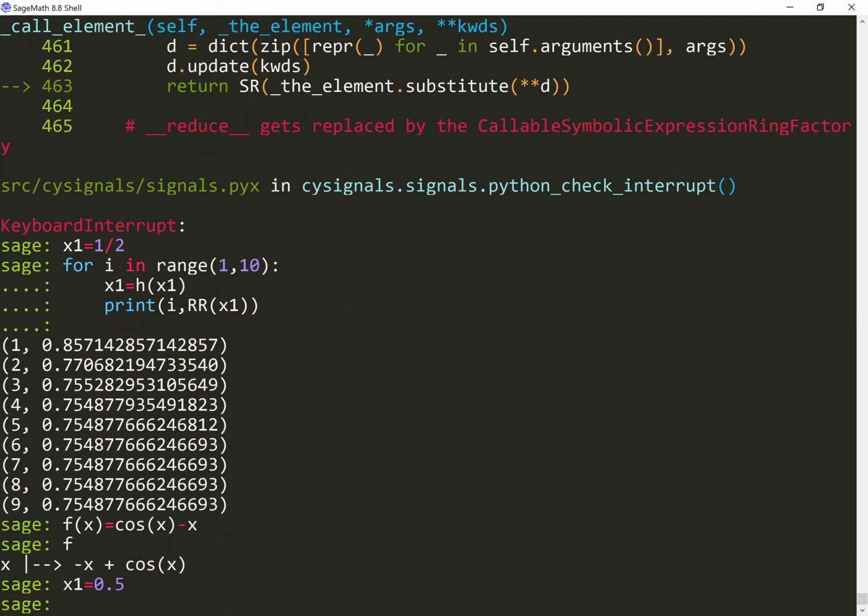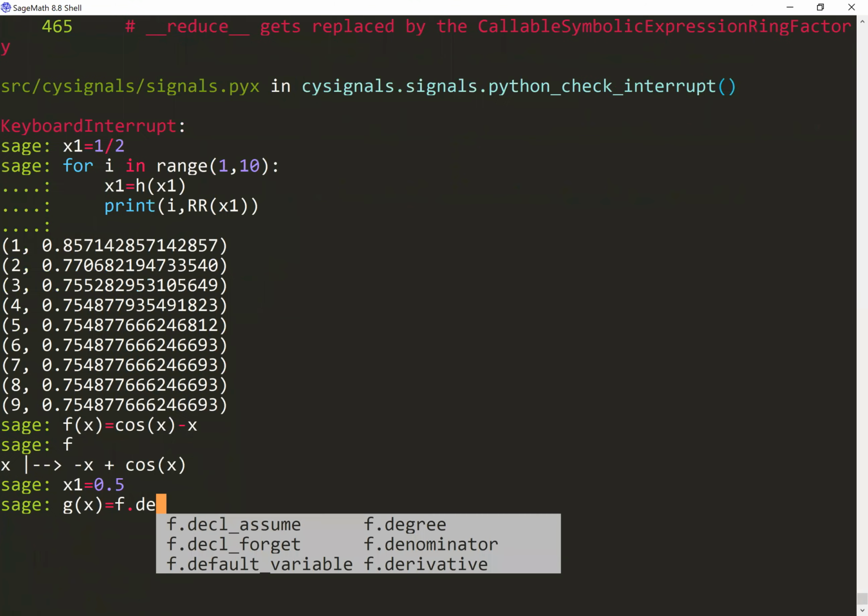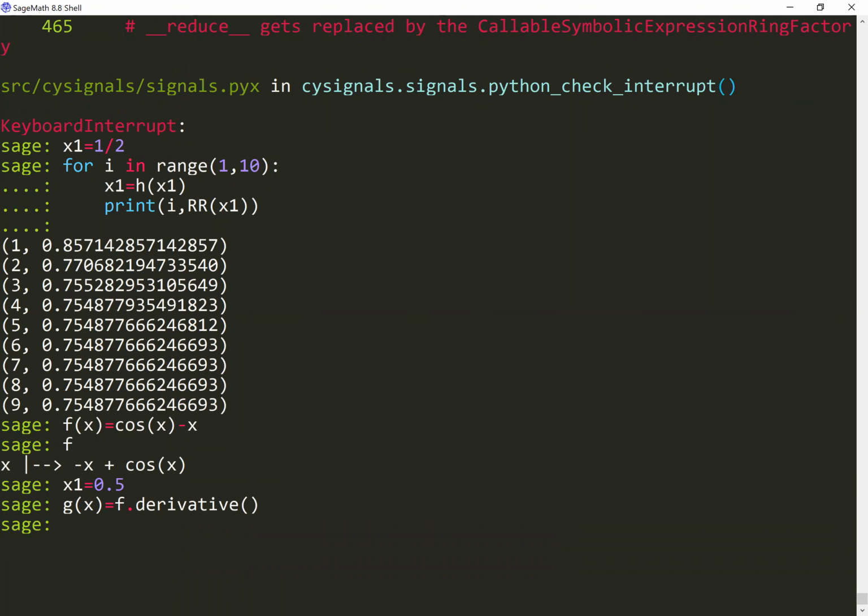Then g(x) is the derivative of f, and h(x) is x minus f(x) over g(x).